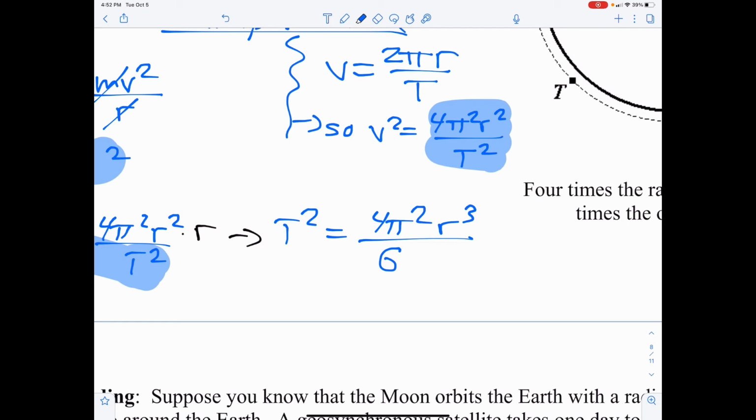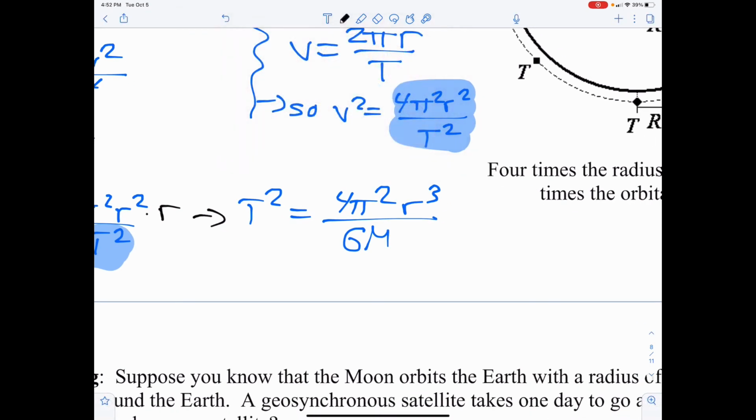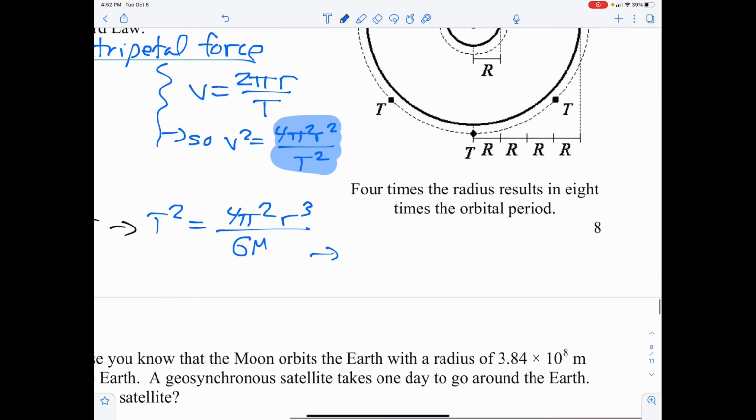Now, you could write this one more way, and that is to divide by r cubed on both sides, like this. And we get T squared over r cubed equals 4 pi squared over G M.